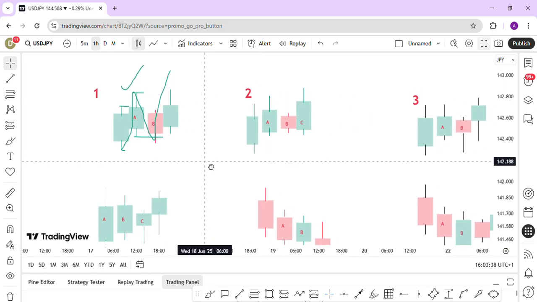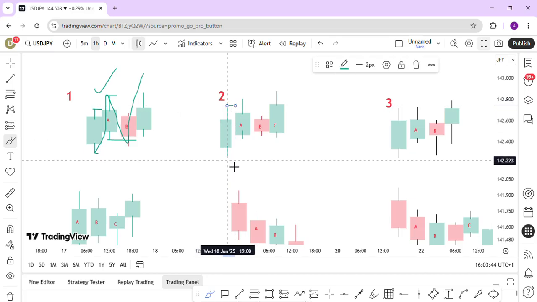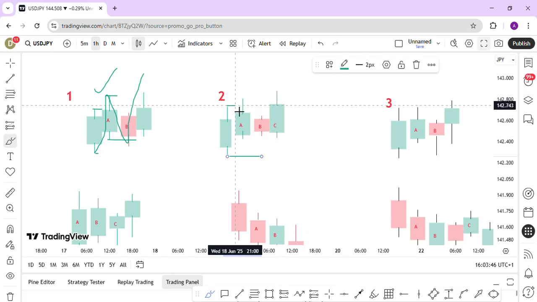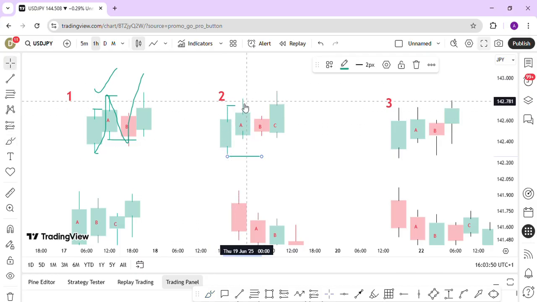In the second example, you will see that this is our first candle. The low is protected, but the high has been taken out, so this is a one leg.